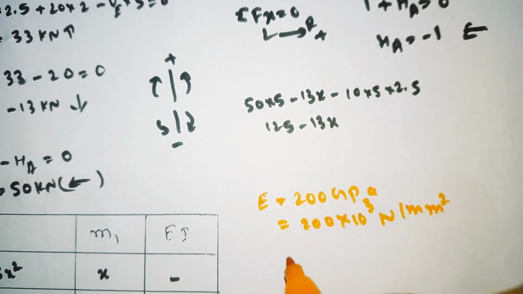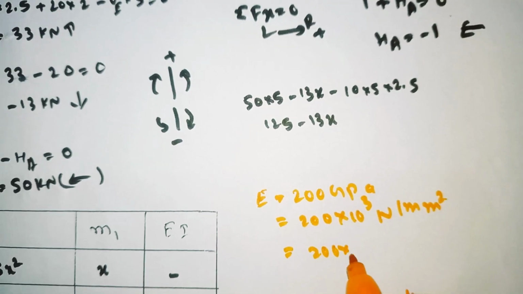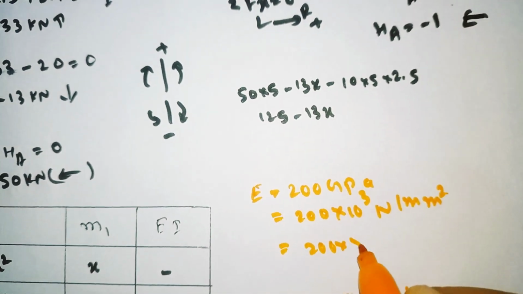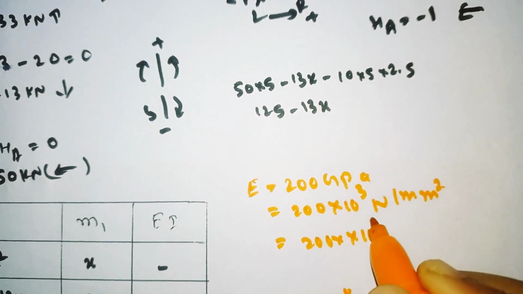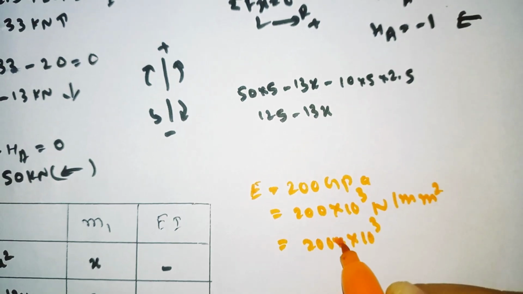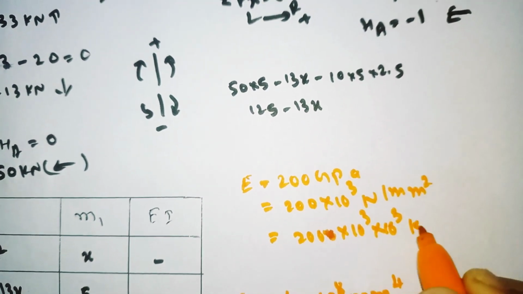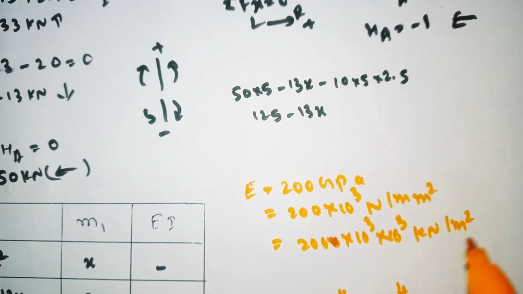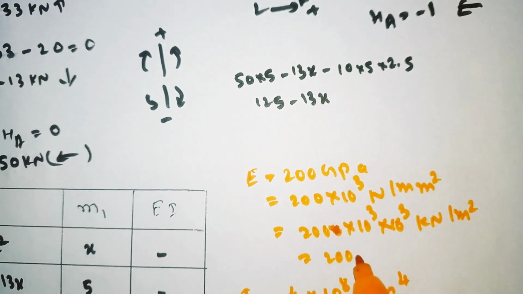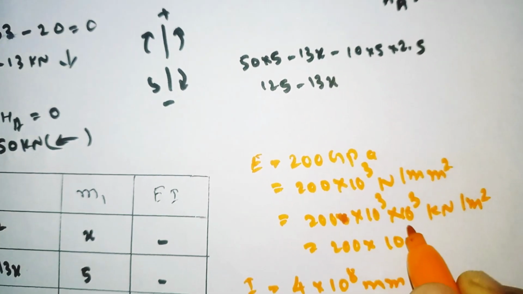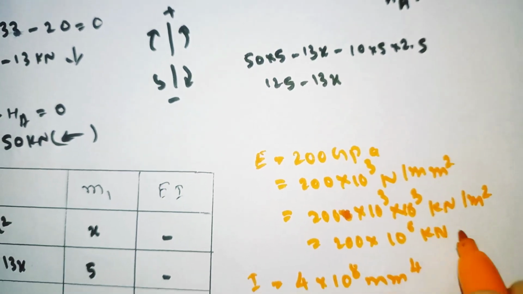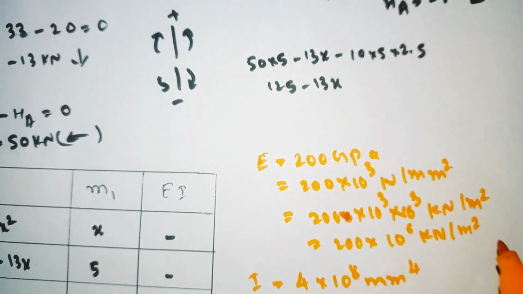To convert 200 into kilonewton per meter square we need to multiply again by 10 to the power of 3 into 10 to the power of 3. So it becomes 200 into 10 to the power of 6 kilonewton per meter square.